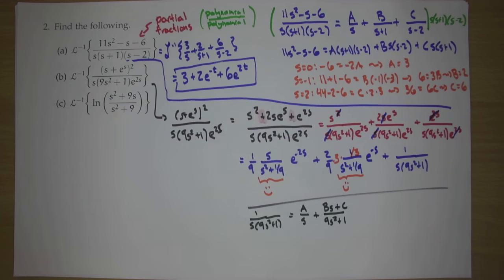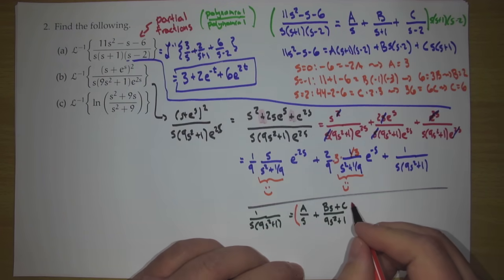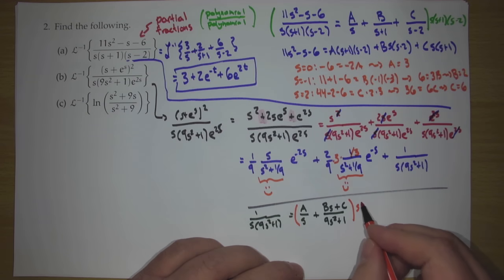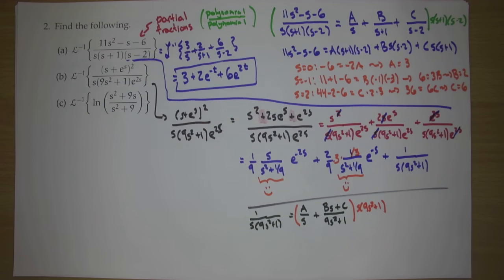Yeah, so this is an irreducible quadratic, so make sure you have the right pieces. The procedure is still the same. Clear your denominators, make good choices. And sometimes when you have a 9s squared plus 1, good choices may be harder to come by, but we'll do the best we can. We'll make as many good choices as we can.